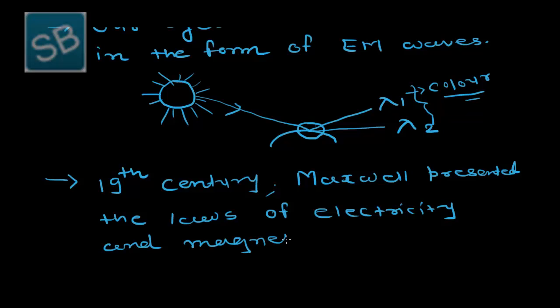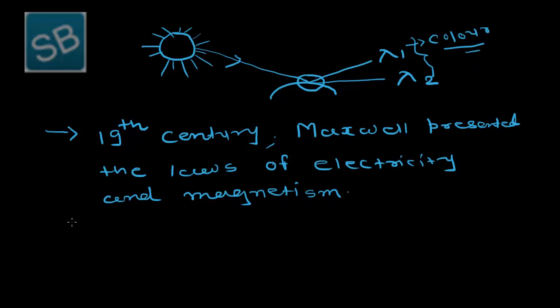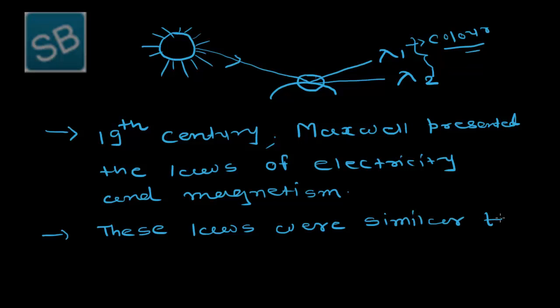And for your information only, he had actually given the four basic equations on which the branch of electromagnetism is totally dependent. And these laws were similar to Gauss's law, Ampere's law, and Faraday's law.